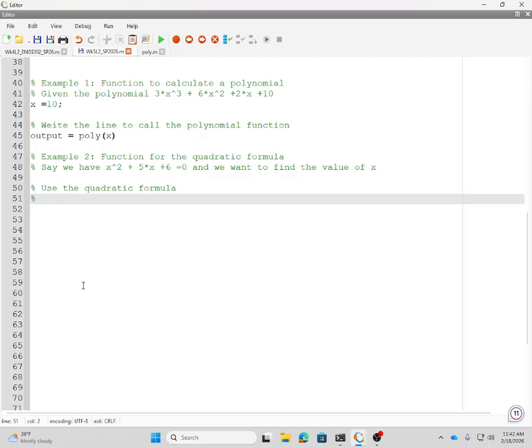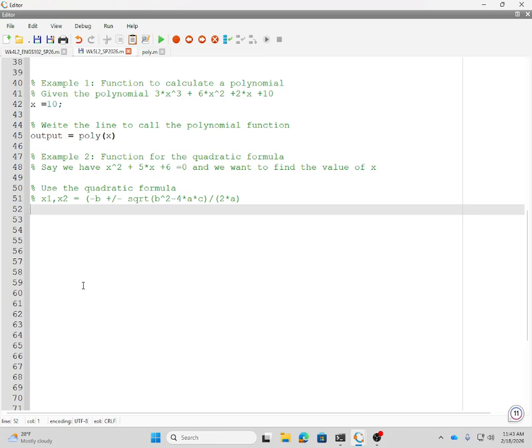So then x1 comma x2, remember the two values, plus and minus: minus b plus minus the square root of b square minus 4ac, divided by 2a.